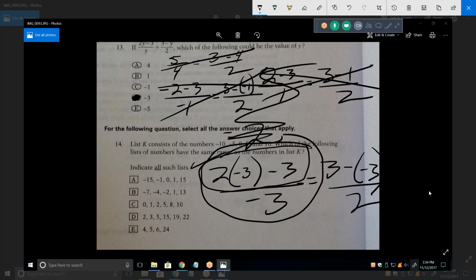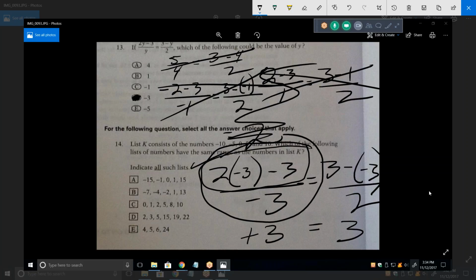In other words, we have a negative 6 minus 3, which is negative 9, divided by a negative 3, that equals positive 3. Oh, okay. The right side turns into positive 6 divided by 2. That's equal to positive 3. So we found our answer. We did. Yeah, it's D.